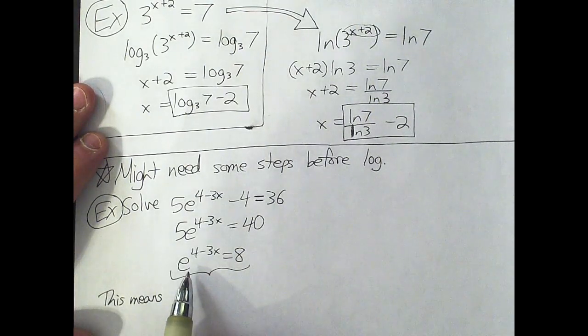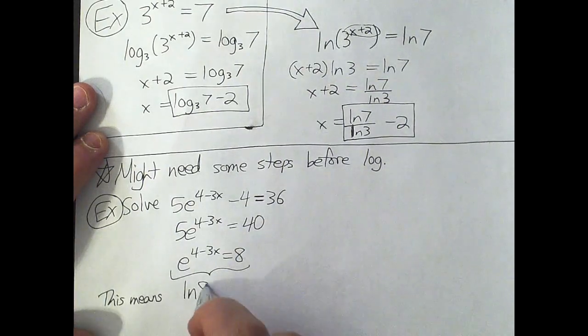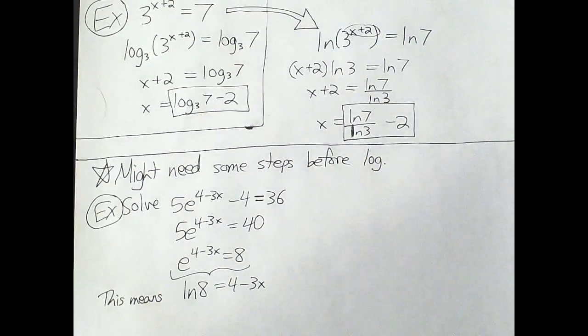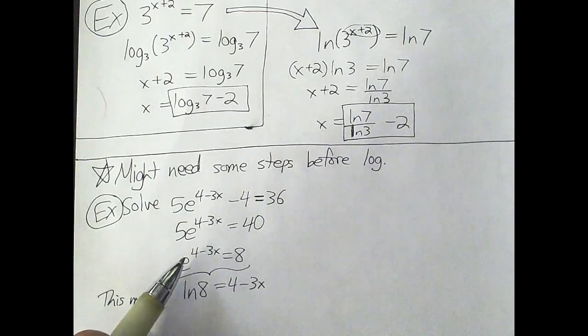So this is like saying ln of 8 equals 4 minus 3x. You can get to that line in two different ways. Either I'm thinking this is exponential, and if I want to translate it into terms of log, it would be a log with this base.